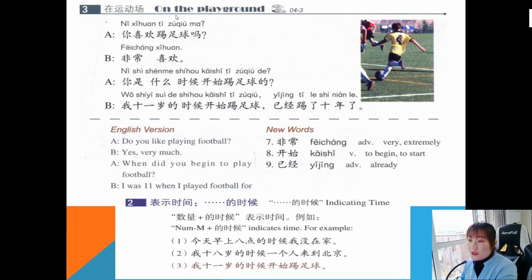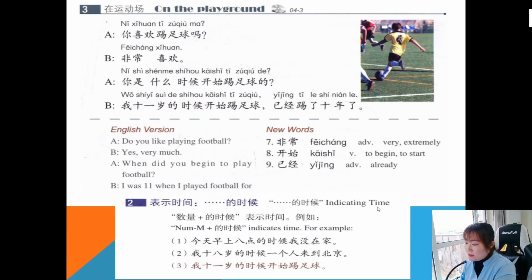Okay, so number 3 on the playground 你喜欢踢足球吗？非常喜欢 So do you like playing football? Yes, very much 非常 here means very, extremely. And this one, 你是什么时候开始踢足球的 So when did you begin to play football?